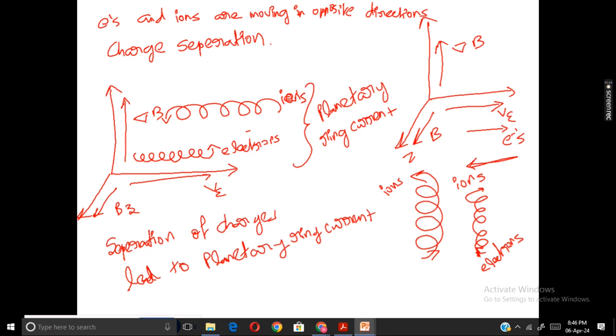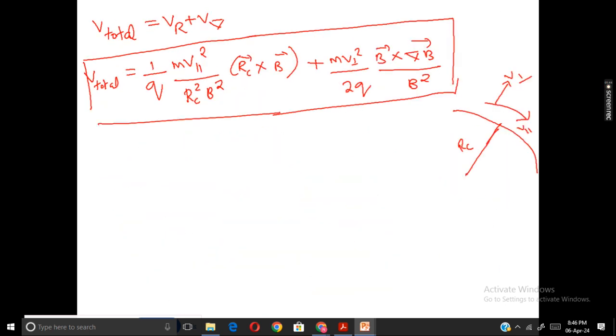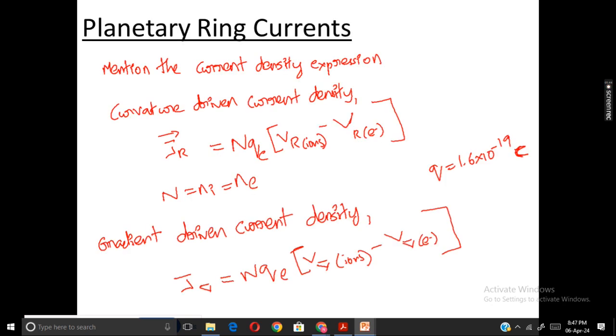We derived the equation for both the drift velocity due to the gradient and the drift velocity due to the curvature of the magnetic field lines. We also learned that in an inhomogeneous magnetic field there is a charge separation within the plasma, which was absent in a homogeneous magnetic field.